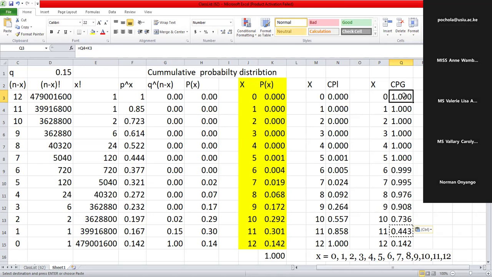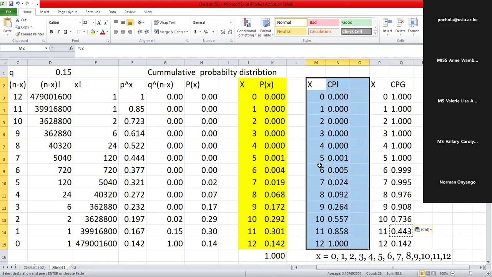And here we can only draw a histogram or a bar diagram. And we drew a probability histogram last time. You draw a histogram using this probability distribution here. You can even draw it for this, which is called a cumulative probability histogram, but I'll do it for this.